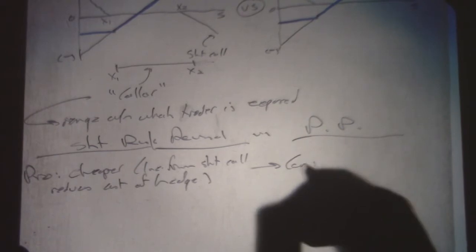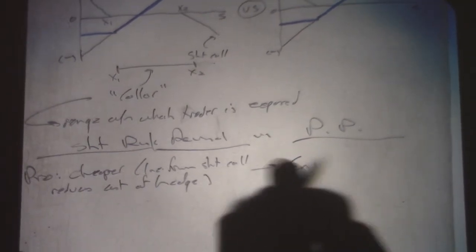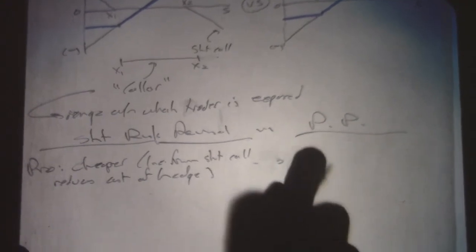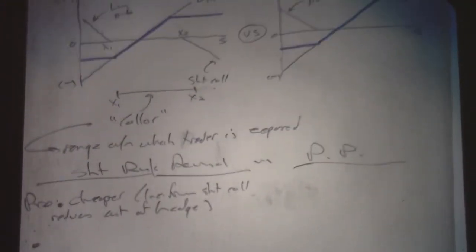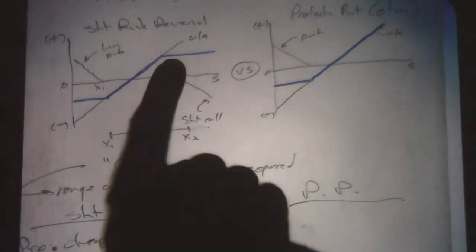So you know what? Let me just jump to the con. Now let me do the crisscross later. Just hang on for a sec. What's the con? Upside potential. It's right there.